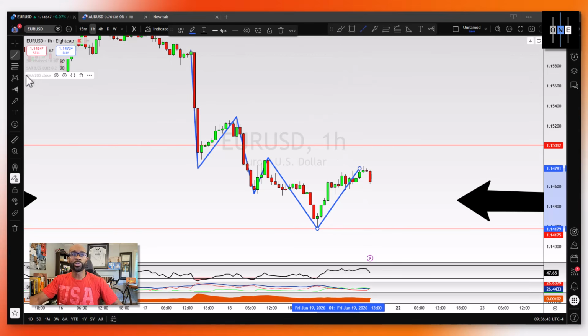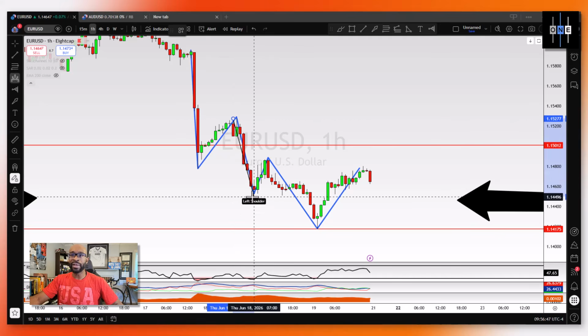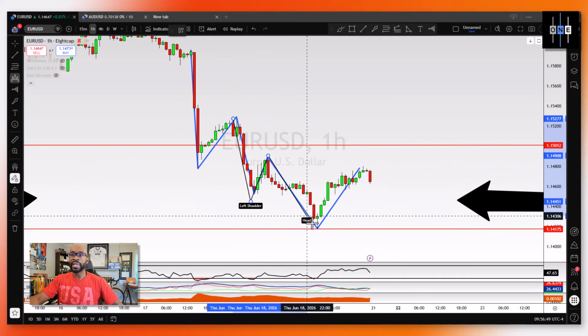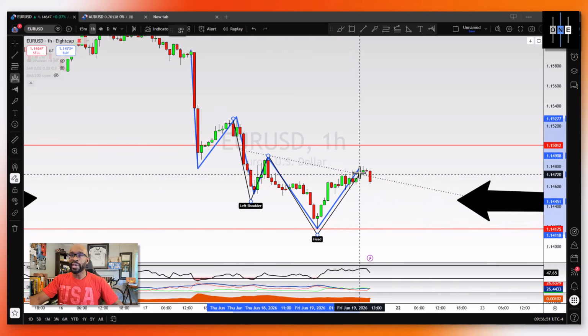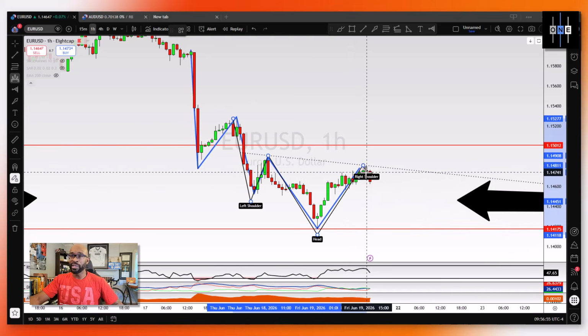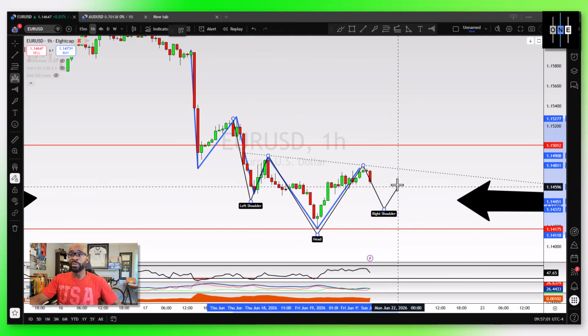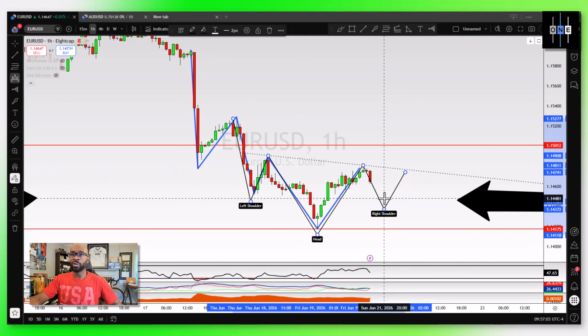In a head and shoulders pattern, we're going to have a left shoulder, a head, a retest of our neckline, which is currently right here. That may change. And then we need one more failed extension to be our right shoulder. So we've got some time on this pattern, but something you can put on your radar.